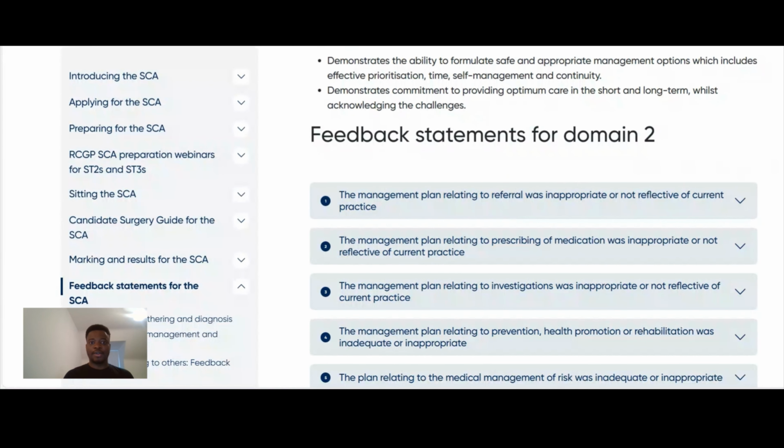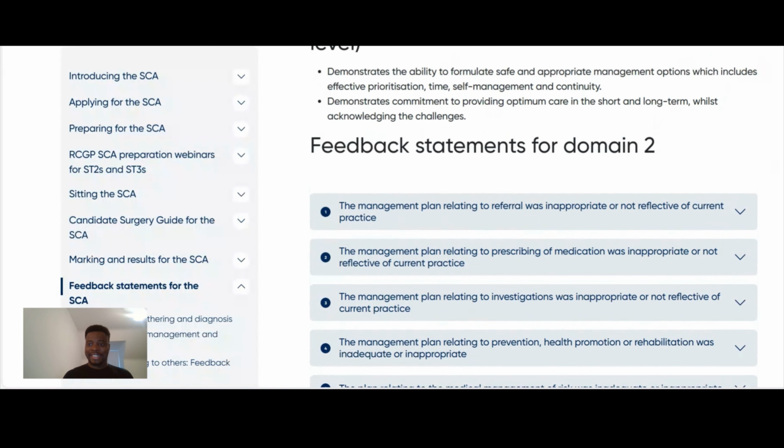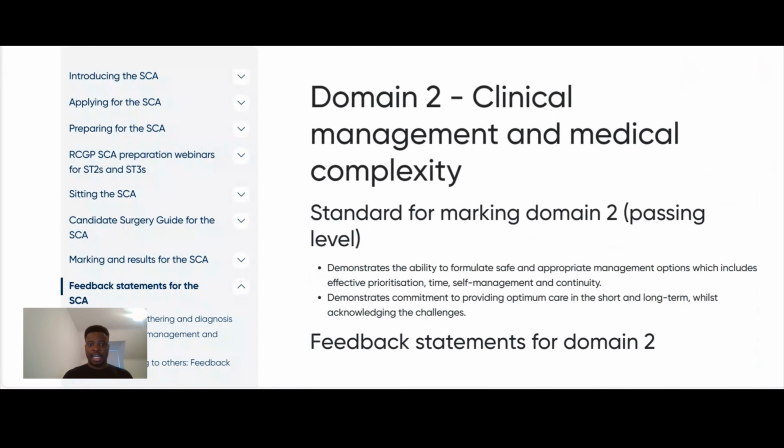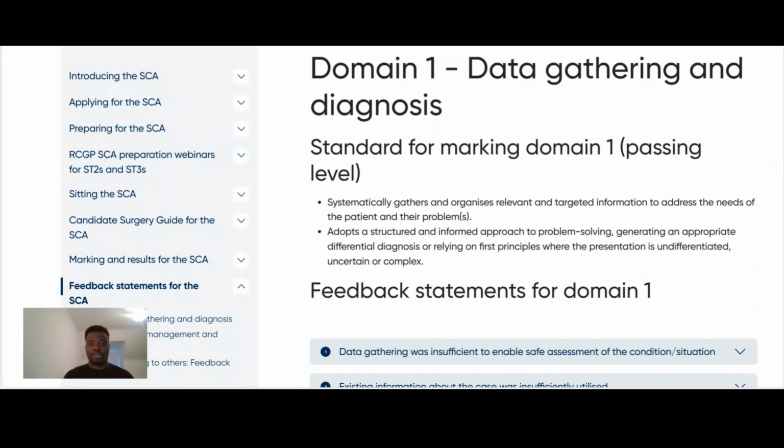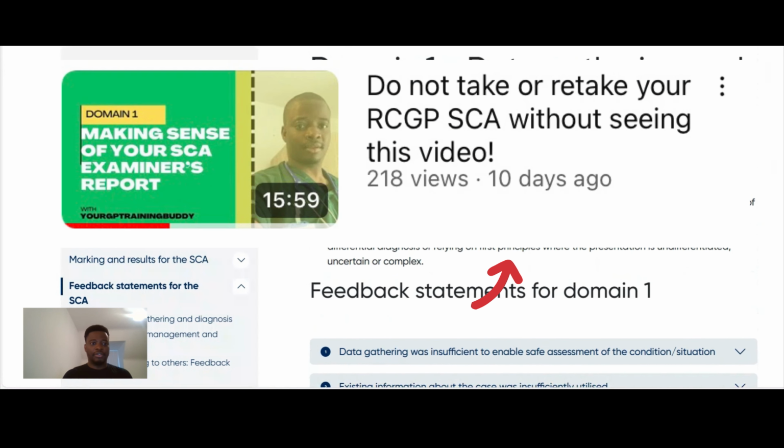This is the second part of my three-part video describing to you how to make sense of your SCA examiner's report. In my first video, I described extensively how to make sense of domain one, that is data gathering and diagnosis.